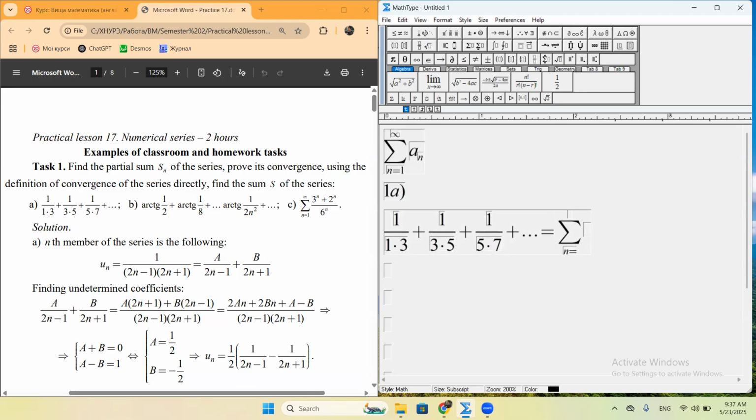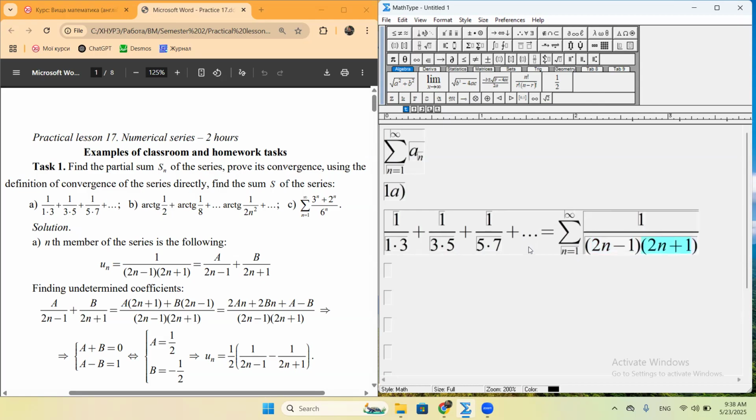So starting from n equals 1. Actually, sometimes n can start from 0, from 2, from another index. So the following sum: 1 in the numerator, and here 2n minus 1 and 2n plus 1.